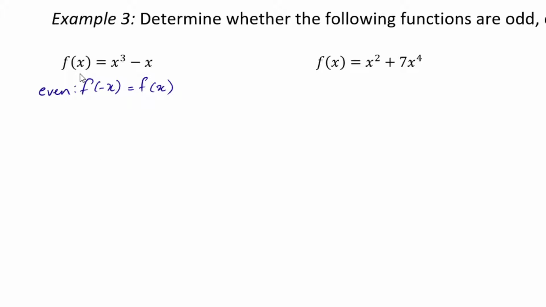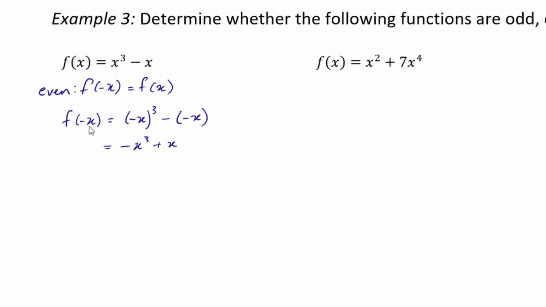So what I'll do is I will evaluate this f at negative x. So f at negative x is equal to, and instead of writing x, I'm going to write negative x cubed minus negative x. And that would yield, well, back to negative x cubed plus x. So let's compare this value right here.